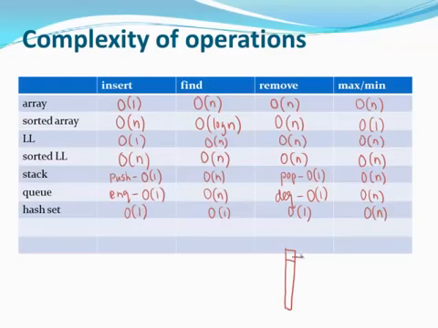So for instance, if you have a hash table like this, you would look at all the chains in the hash table before you can determine which key is the largest key.